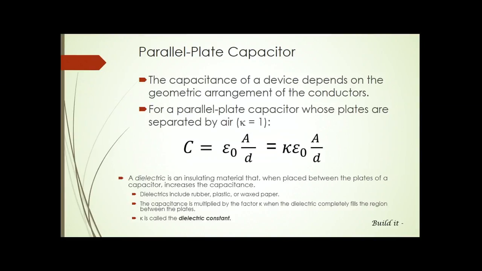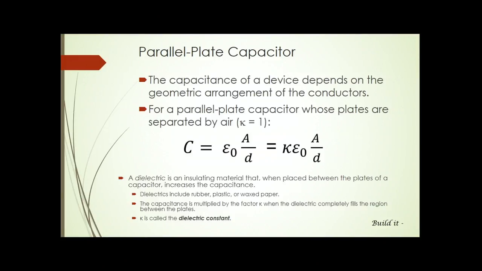For air, K is equal to 1, and that's called the dielectric constant. My capacitance is going to equal the permittivity of free space, epsilon naught, times the area divided by the distance. If I don't have air between my plates, I have to worry about the dielectric constant for that material.